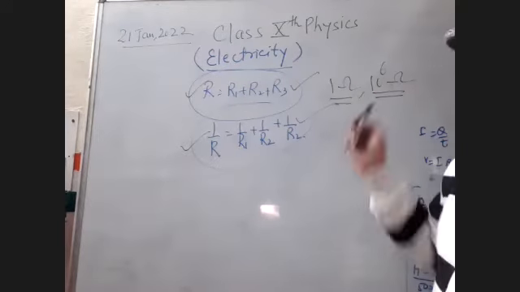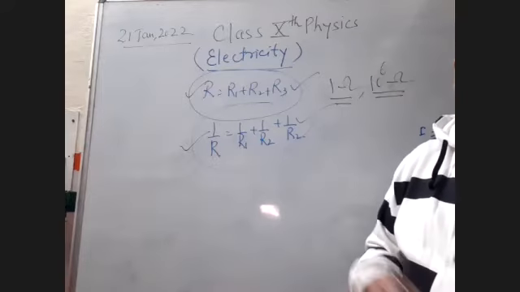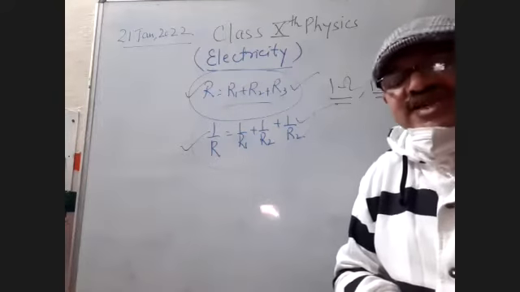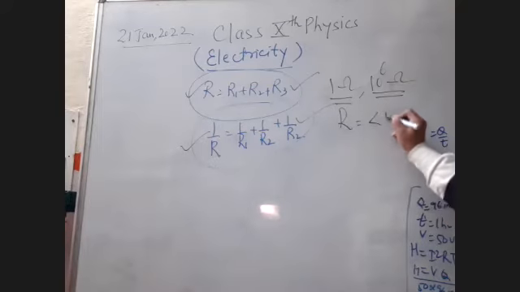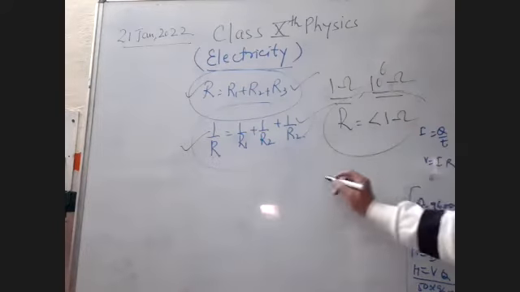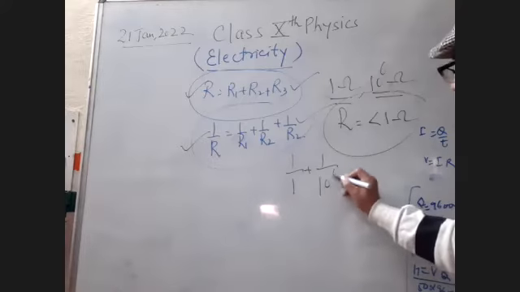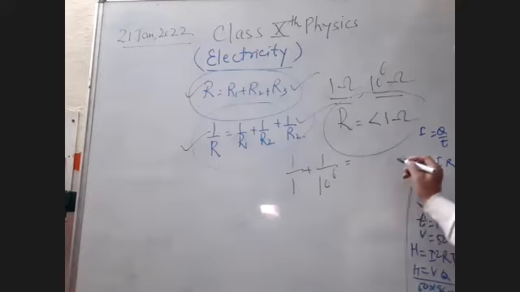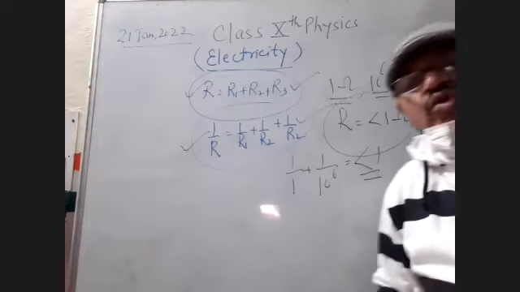If these two resistances are connected in parallel, the resultant of the combination will be lesser than 1 ohm. The total resistance will be less than 1 ohm, because I'll use the formula 1/1 plus 1/10^6. Then if I take the LCM, this total value will be lesser than 1 ohm.